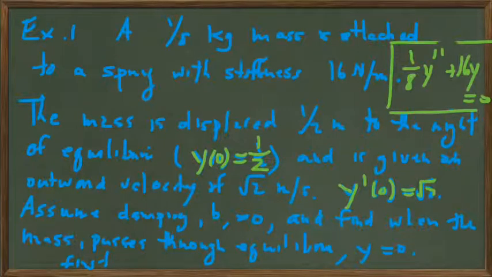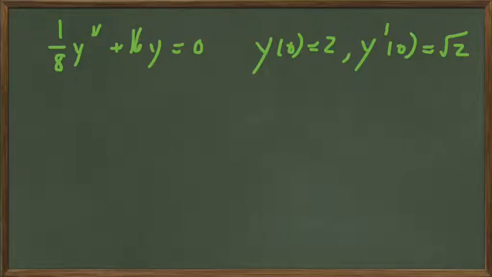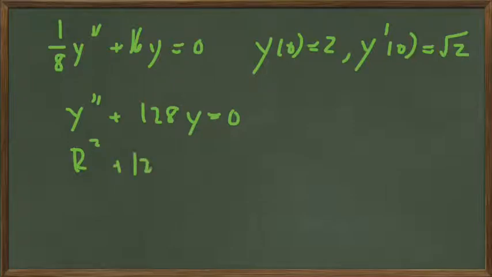So let's solve this differential equation on the next blackboard. The differential equation can be rewritten as y double prime plus 128 y equals 0. The characteristic equation is r squared plus 128 equals 0.